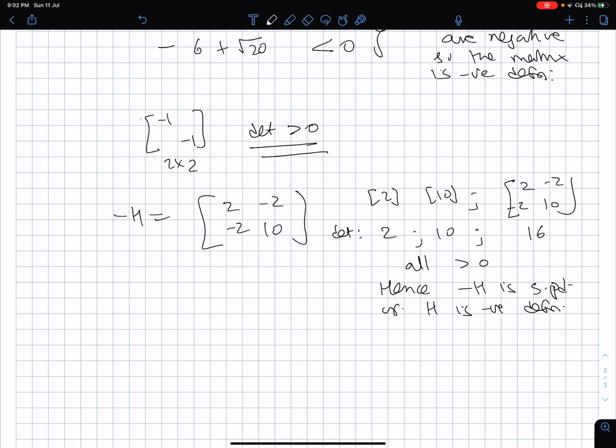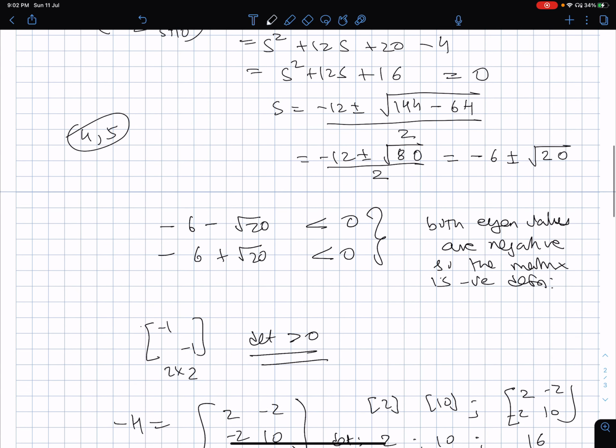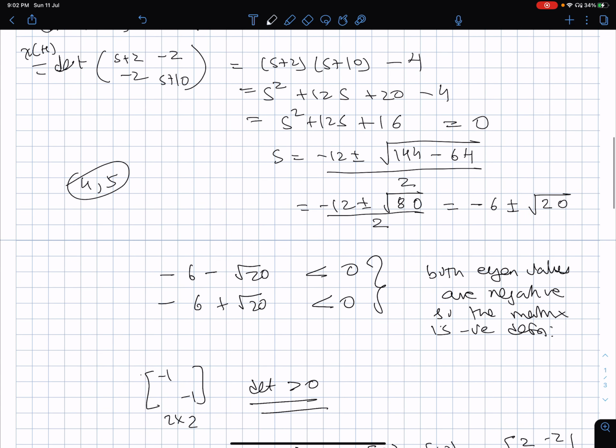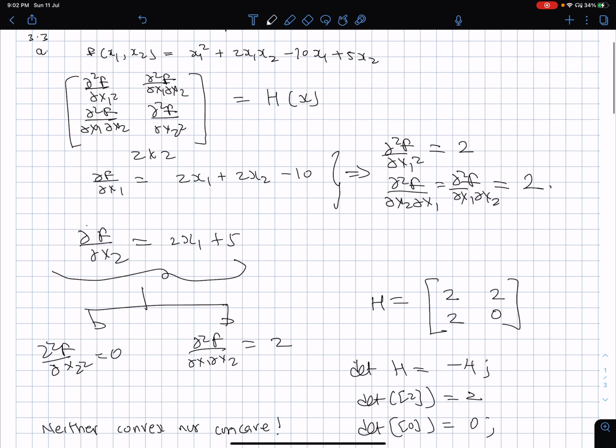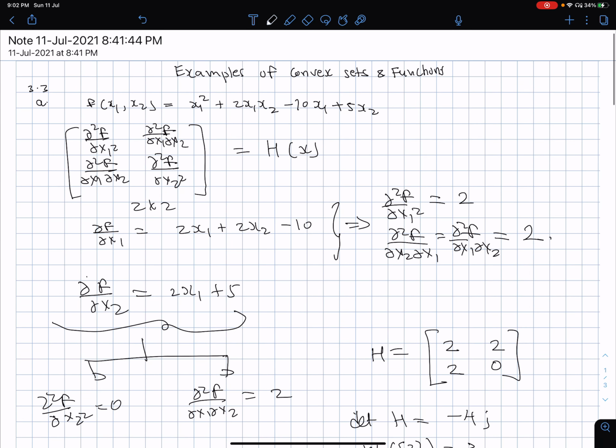So therefore minus of f of x is convex, hence f of x is concave. This was interesting. Somehow I had missed this point, that to apply negative definiteness also, I should look at minus of h and then only calculate it.